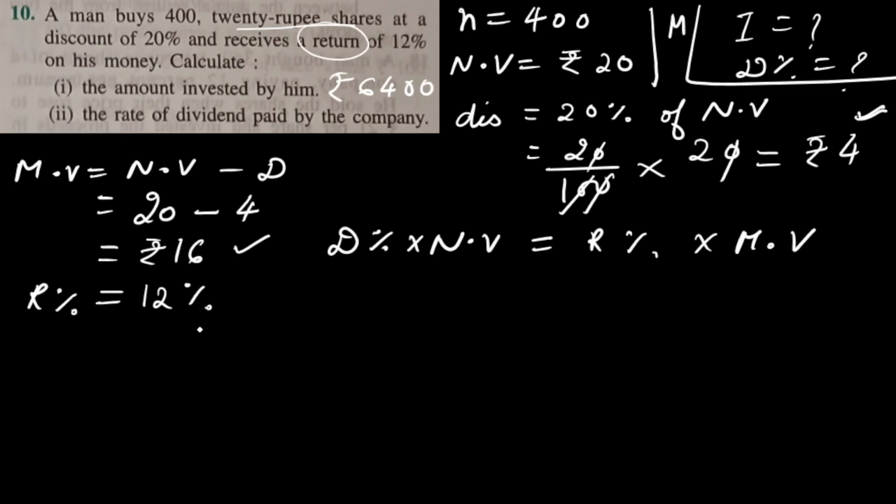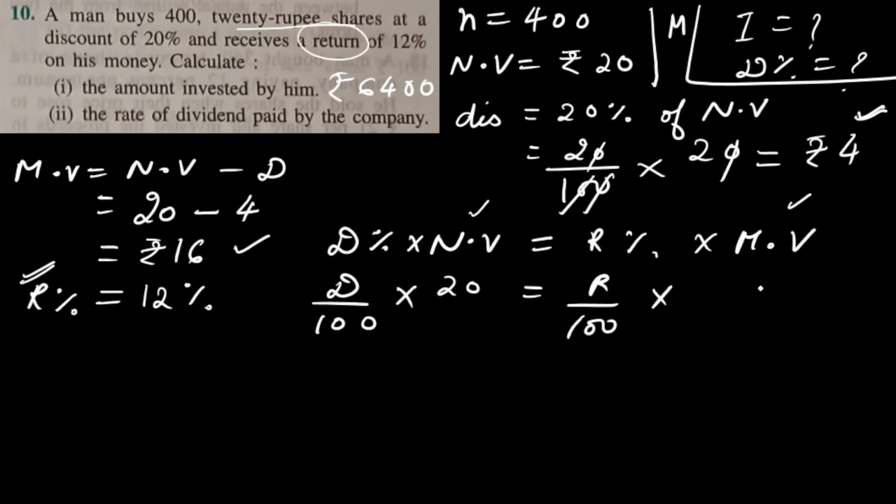Because we have to find dividend percent and return percent is given, we will be using this formula. Moreover, we have nominal value and market value also. So dividend percent, I can write as D by 100 into nominal value. What is the nominal value given to us? 20. R by 100 I can write into market value. Market value we found as 16.